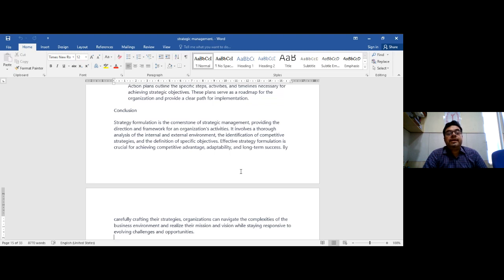It involves a thorough analysis of the forces of internal and external environment, the identification of competitive strategies, and articulation or definition of specific objectives. Ultimately, effective strategy formulation is crucial for achieving competitive advantage, adaptability, and long-term success.